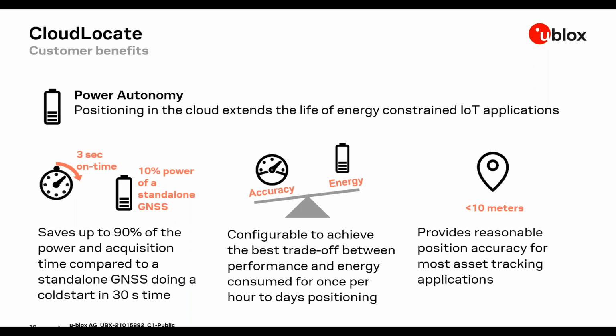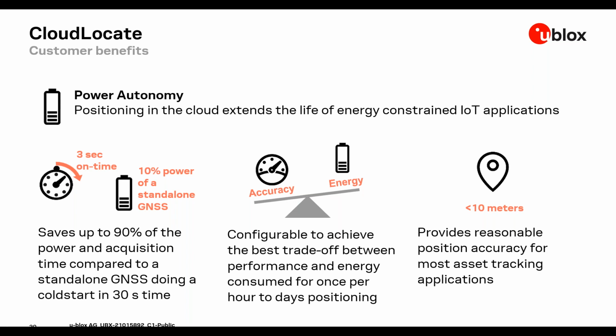As always, accuracy and energy consumption is a trade-off. You can decide to make longer measurement to achieve a better accuracy at the expense of battery consumption. The important thing to understand is that the device is not sending multiple messages to the CloudLocate server to achieve a better accuracy, because this would waste energy.